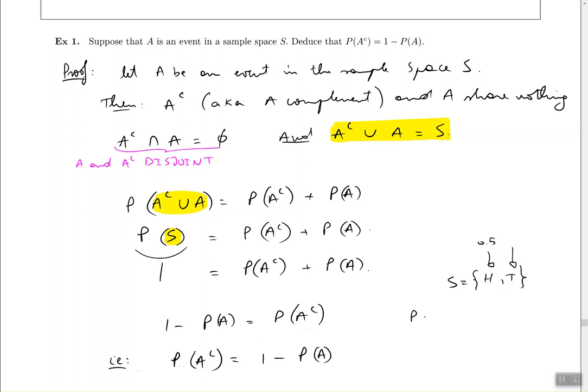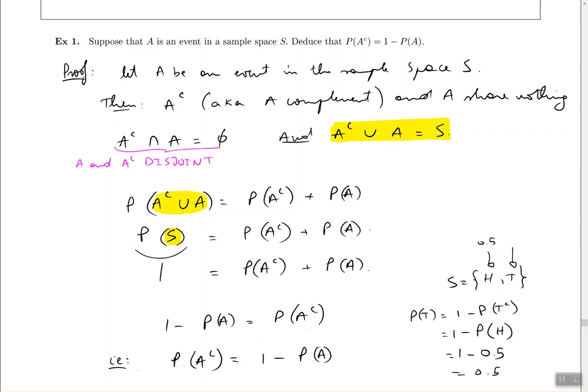Well, the probability of tails is 1 minus the probability of not tails, tails complement. So in other terms, this is 1 minus the probability of heads. If you don't get tails, that means you got heads. And so that's 1 minus 0.5, which is 0.5 at the end.